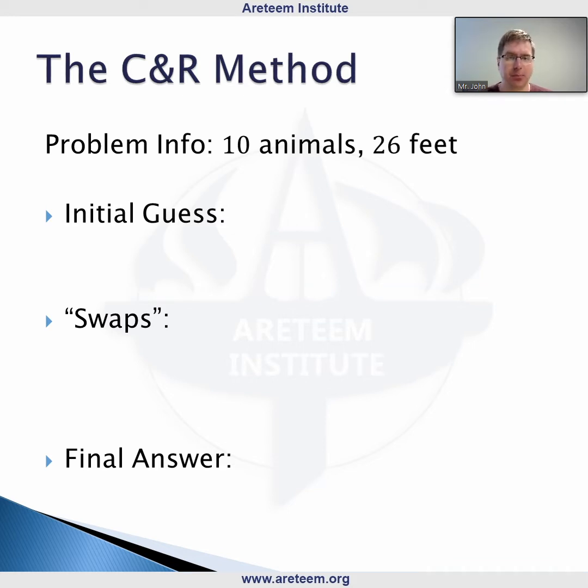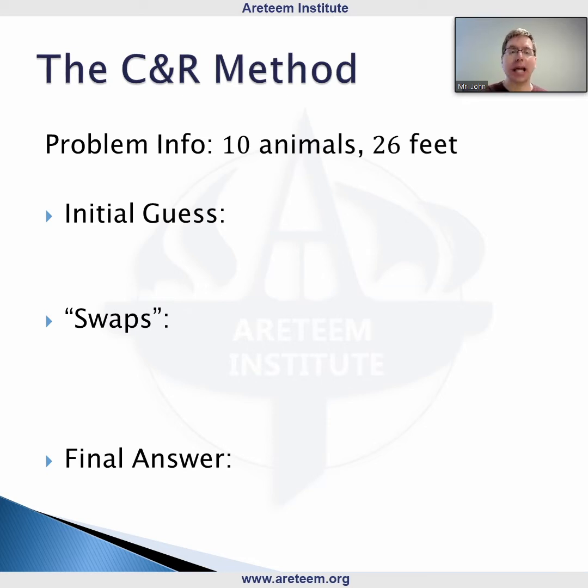The initial guess you want to do here is a little bit counterintuitive, a little bit weird. Typically, the initial guess for the chicken and rabbit method is a very bad guess, but it is going to make the calculations easier.